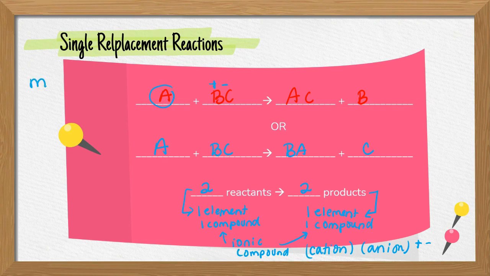So remember, metals form cations and nonmetals form anions. So if A is a metal, like it is in this case, it swaps spots with B, because metals are positive when they form an ion. So a metal will replace a cation.